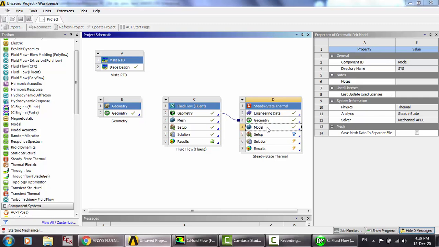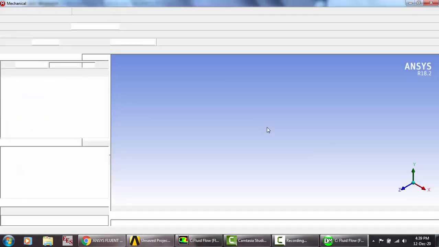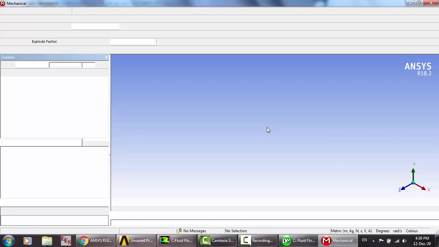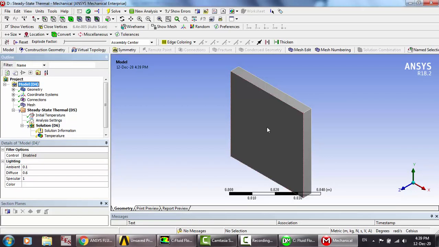I'm gonna open the model. And I used the default material, structural steel. So now we exactly know what happened in Fluent.